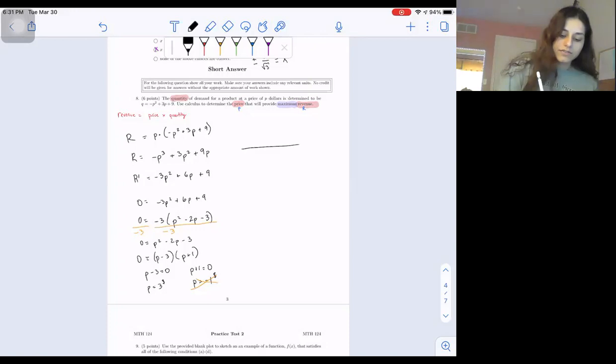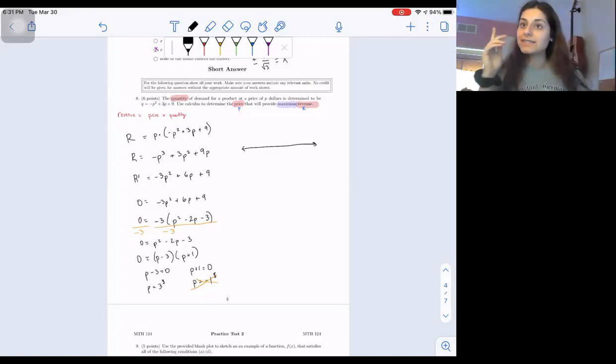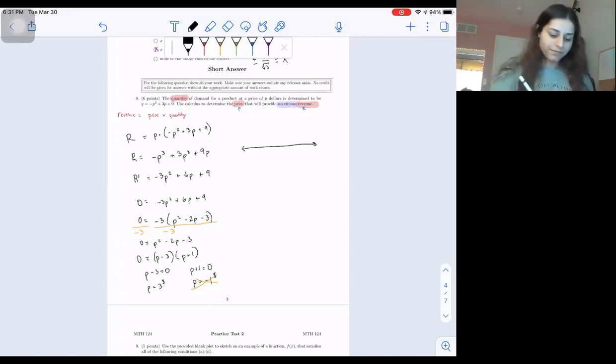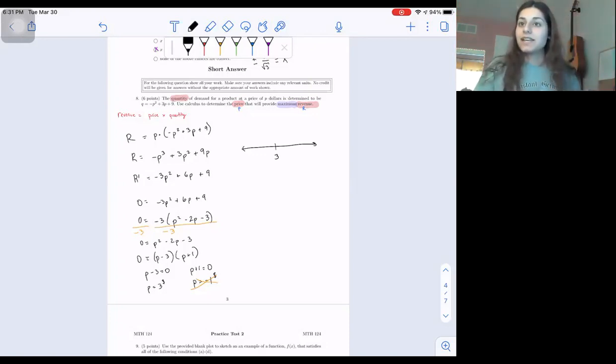And so I'm going to do the first derivative test to find out if p equals 3 is a maximum or minimum. So remember, we're looking for maximum revenue. To use the first derivative test, I'm going to take a number from the left and a number from the right, plug them both into the derivative function, R prime, because we're looking at is the derivative positive or negative, and then we'll find out is it a maximum or minimum.